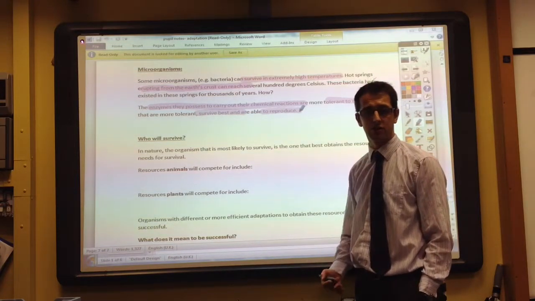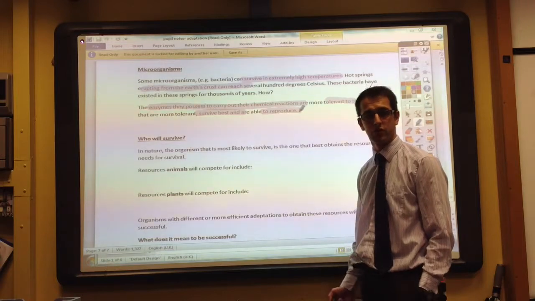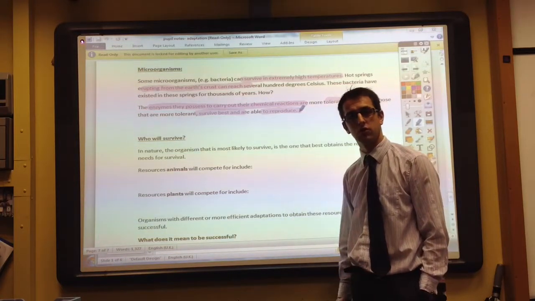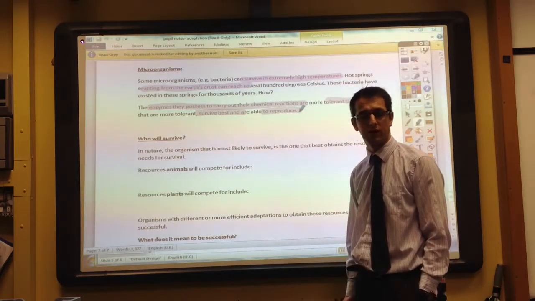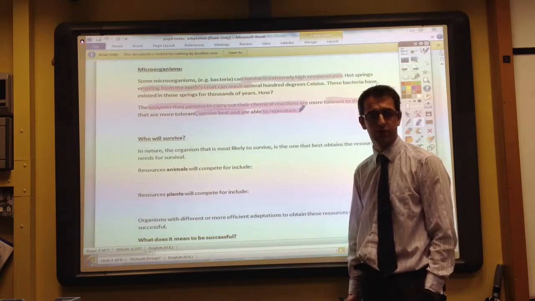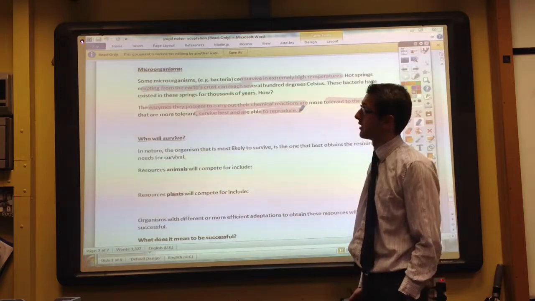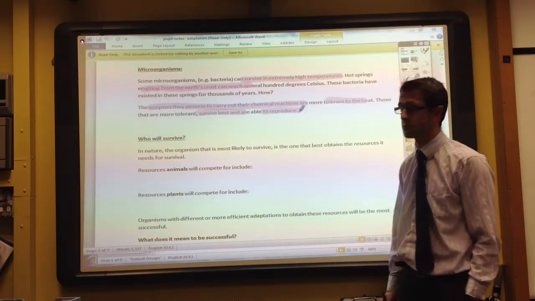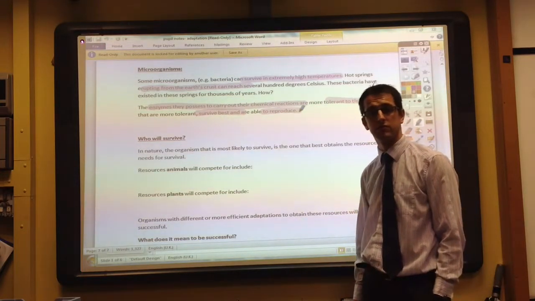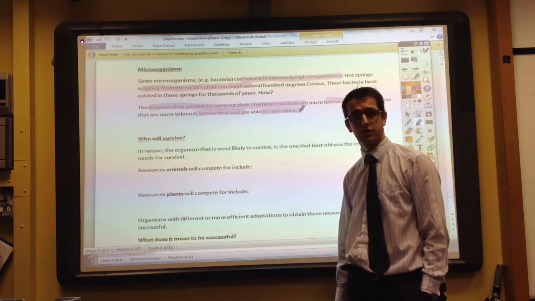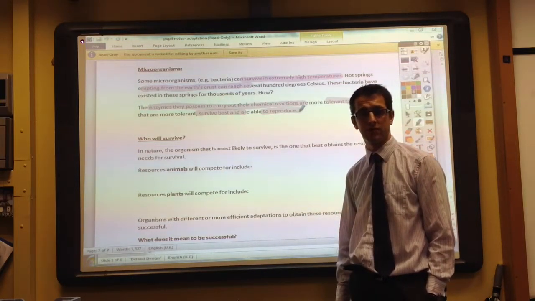Any changes to those genes that happen to be beneficial may then be further passed on to their offspring as well, and that's the nature of evolution, which is the subject of another topic. But those are specific examples found in bacteria, other microorganisms, of key adaptations for survival in extreme conditions.